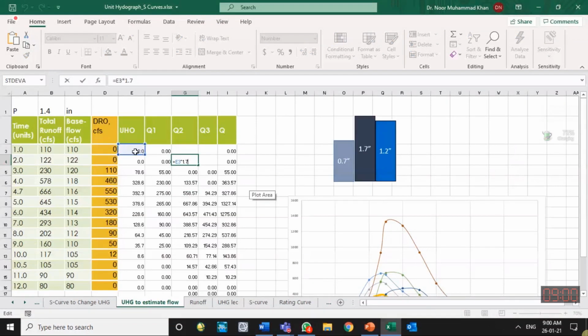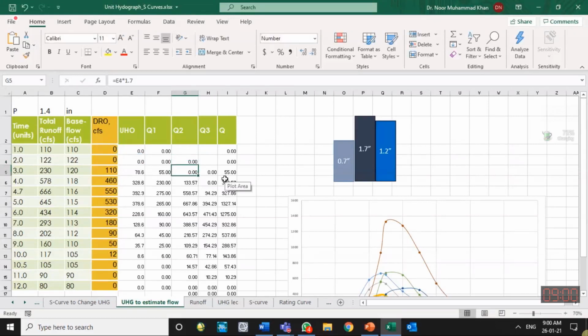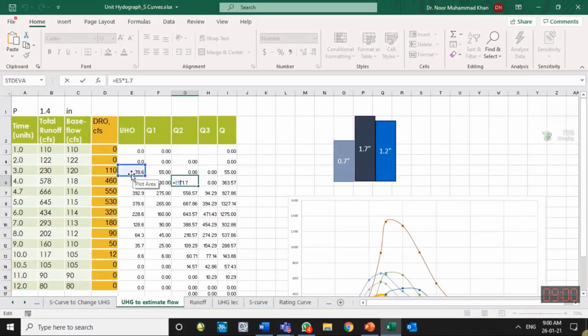We are using these unit hydrograph ordinates, but putting them in the next time step, as if this unit hydrograph has started from the start of this storm.